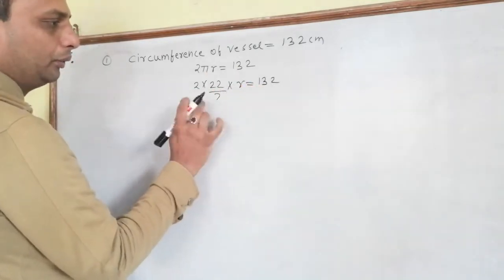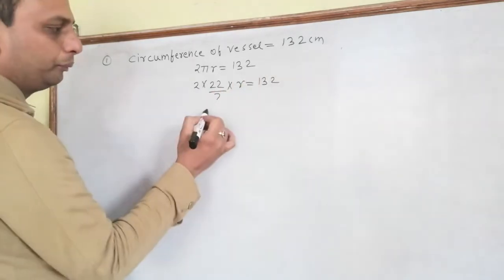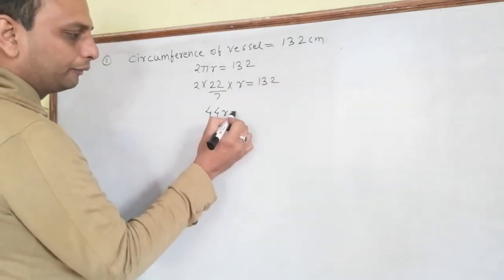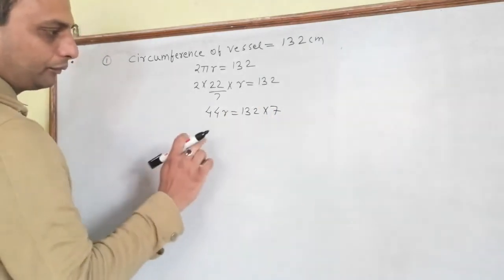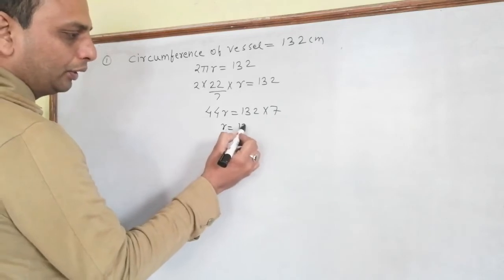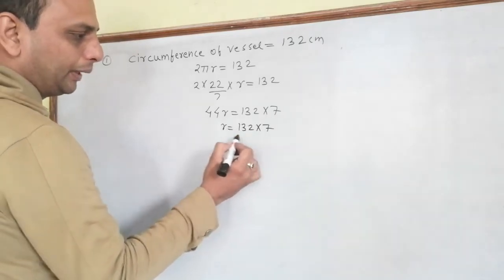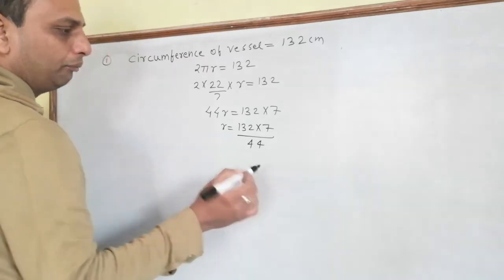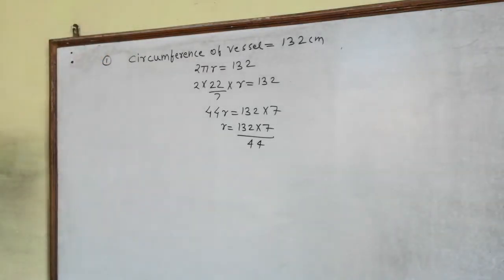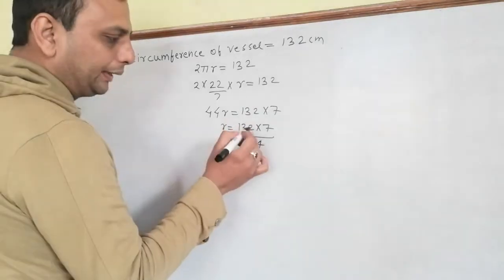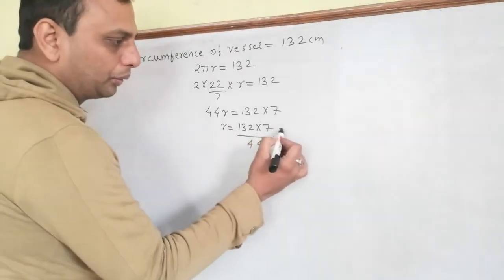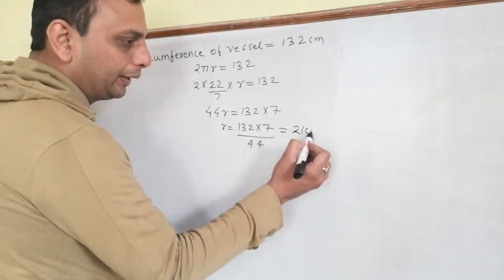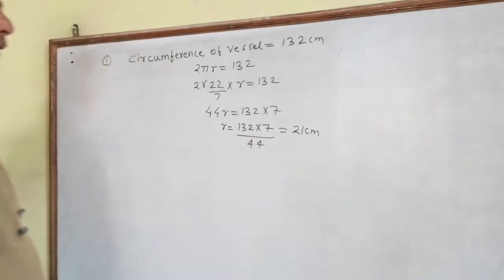So r will be 132 multiplied by 7 divided by 44. On calculation we get the radius. 44 will go into 132 three times. So 3 multiplied by 7 gives 21 centimeter as the radius.